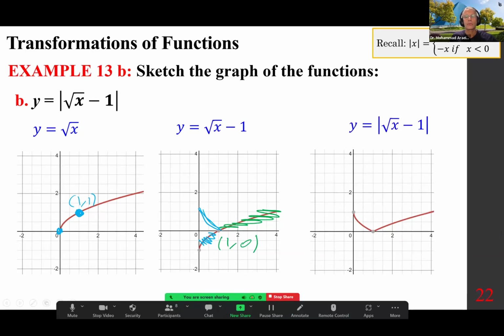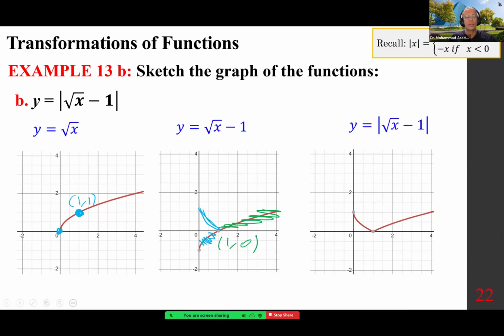So the blue portion, as I said, flips over.